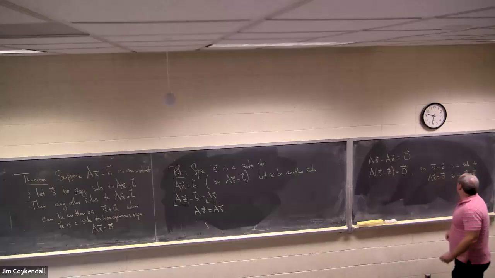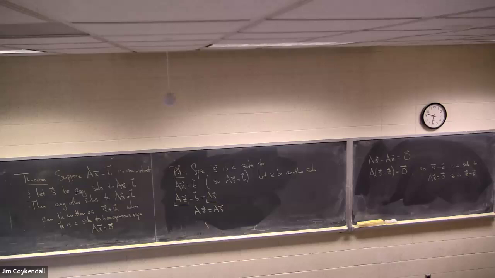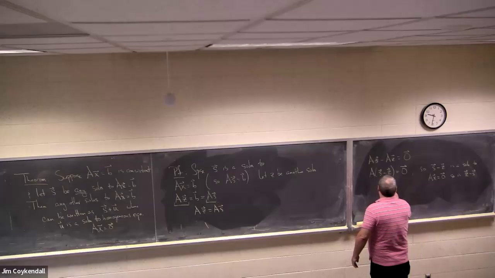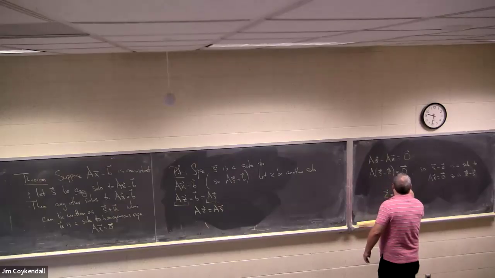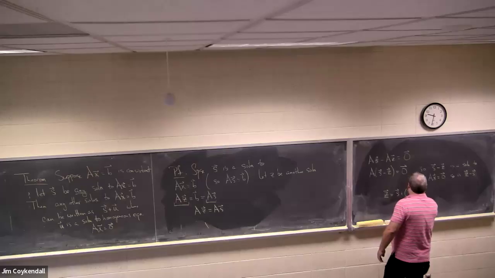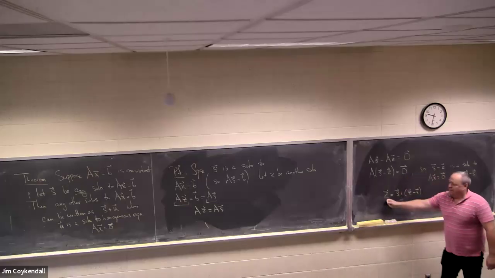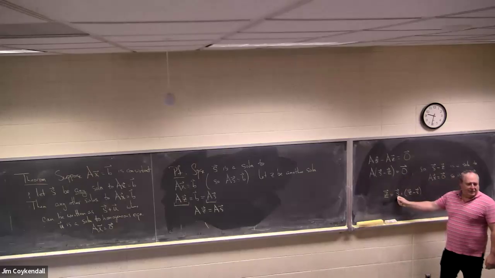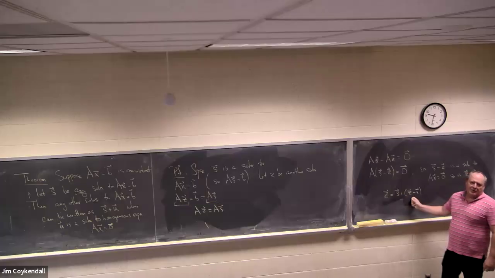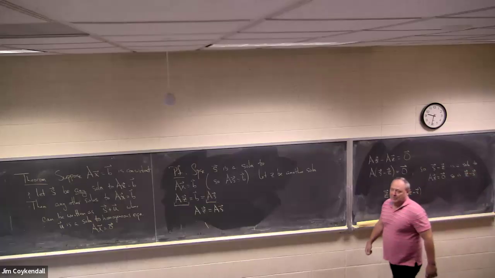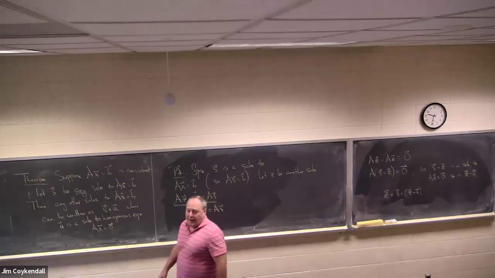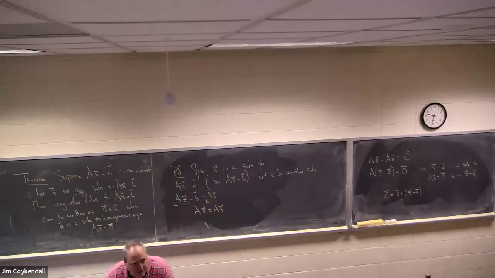If I had subtracted the other way, like I did in the first place. Everybody okay with that? So, watch this. My Z is my S plus the solution to the homogeneous, right? So, not too bad. But even though that might seem silly, it's actually very important because it helps us parameterize general solutions to the equation AX equals B.